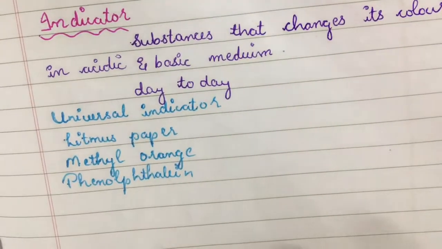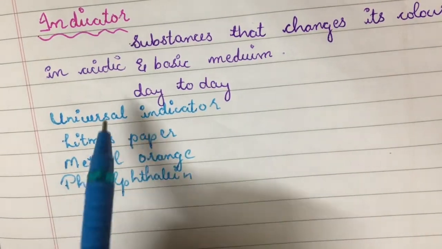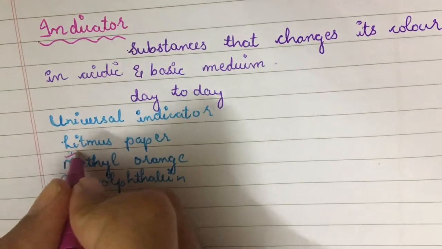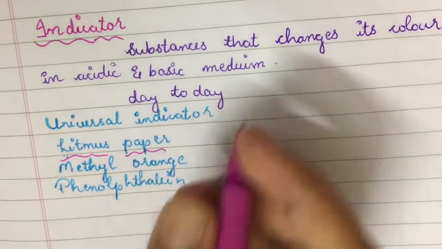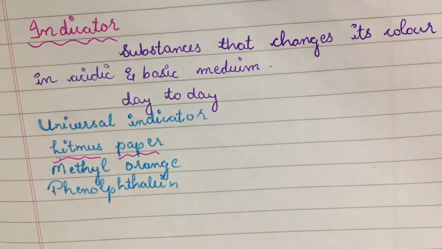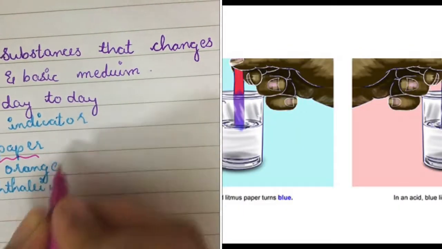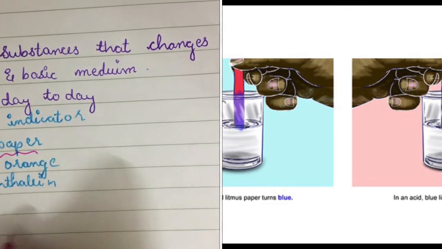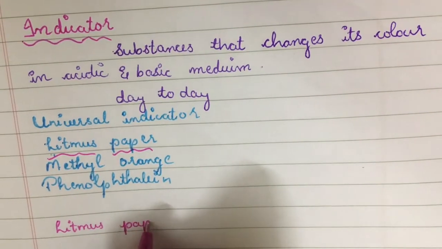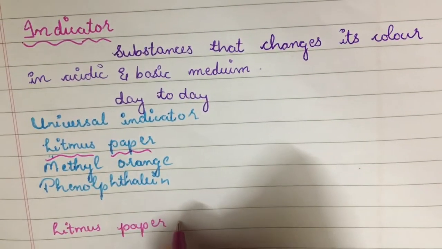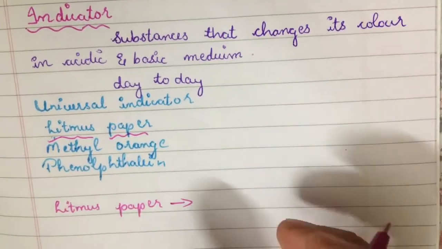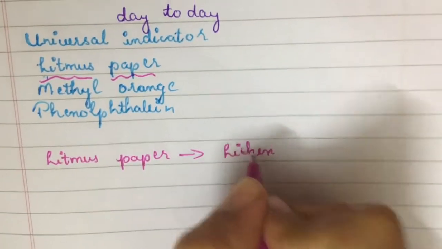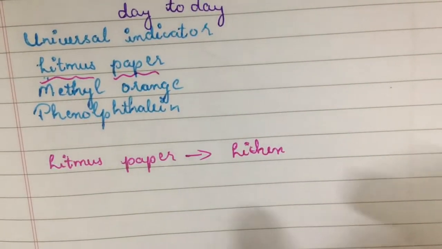So this litmus paper, what is this litmus paper? You might have studied it in your lower classes. This litmus paper is extracted from the plant known as lichen, and it is available in the market in the form of paper.